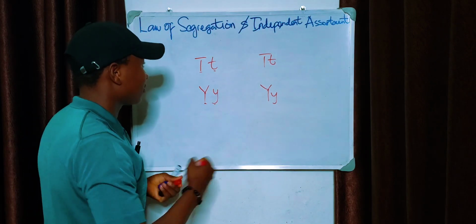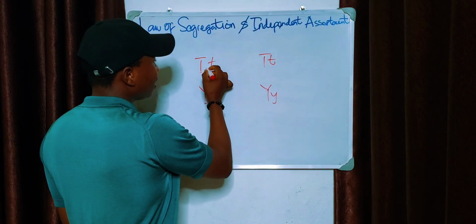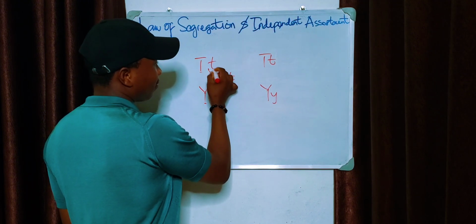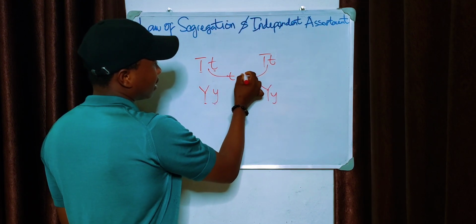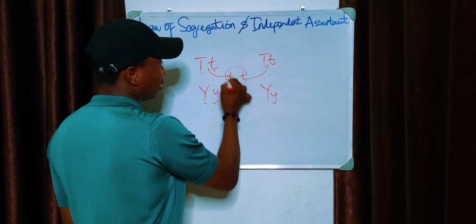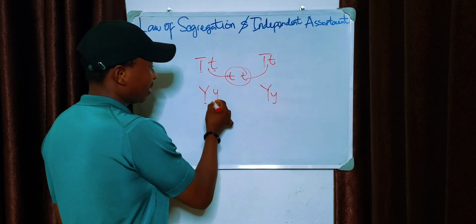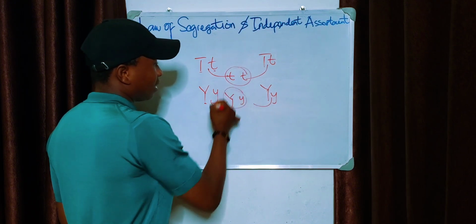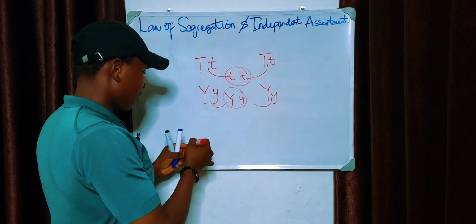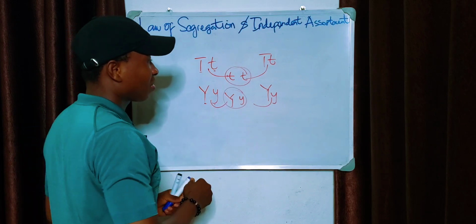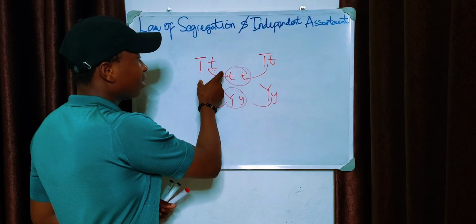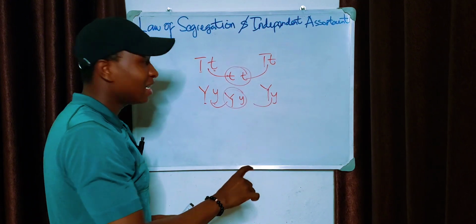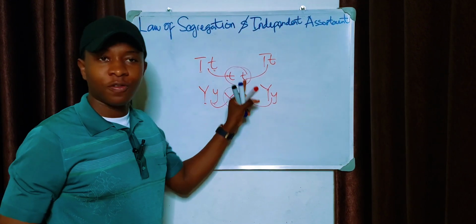That simply means that if this segregates and gives this, that is a characteristic. This segregates and gives this, and this segregates and gives this. That is an indication that the gene for height cannot influence the gene for color. Neither can the gene for color influence the gene for height.